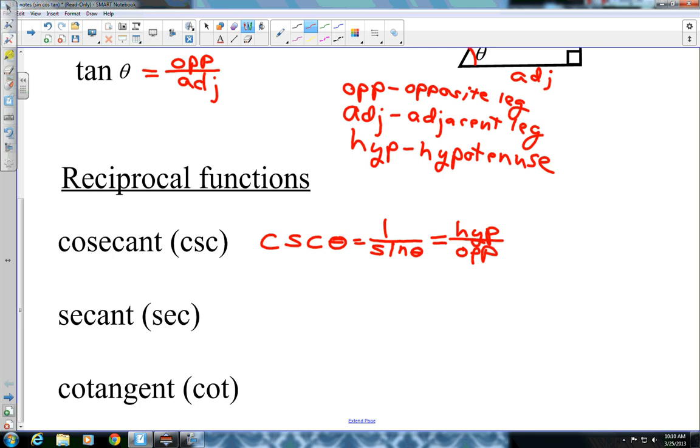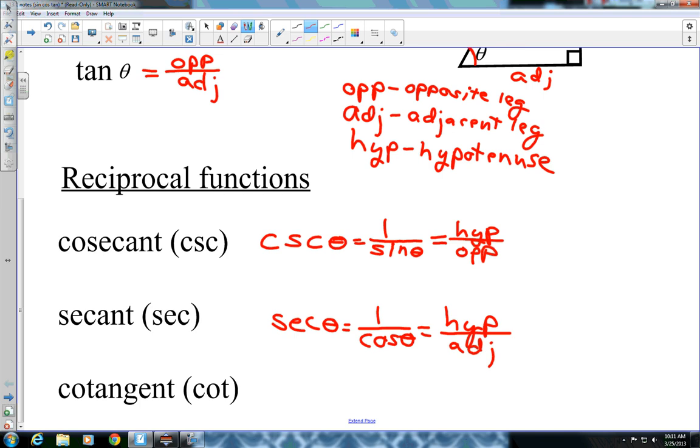Okay, the secant function, abbreviated SEC, is the reciprocal function of the cosine. So I have the secant of theta equals 1 over the cosine of theta, which is the hypotenuse divided by the adjacent leg.